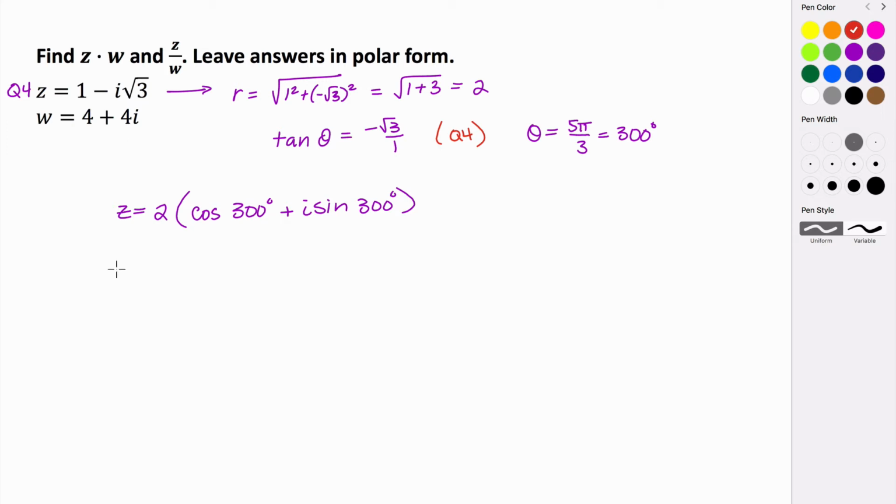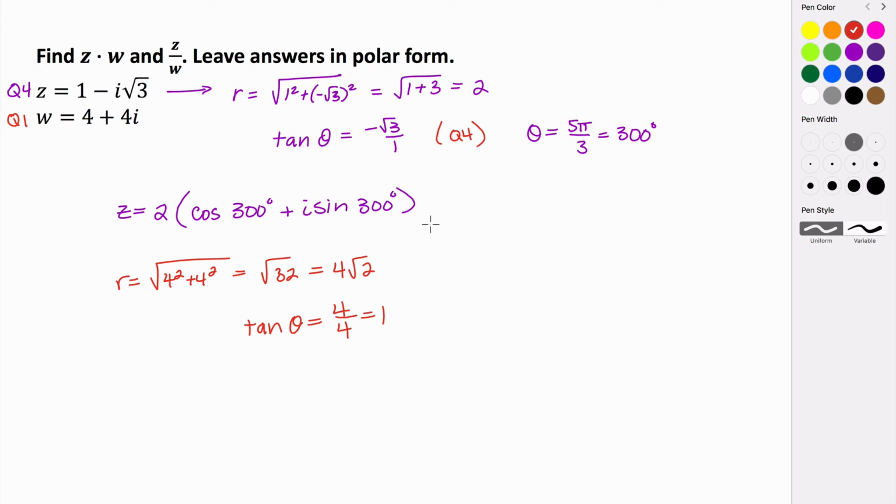Let's change w into polar form. So if I were to plot w, this would be in quadrant 1. So r for w is equal to the square root of 4 squared plus 4 squared. So that's 16 plus 16, or the square root of 32, which simplifies to be 4 rad 2. So that's r. And then theta, we're looking for the tangent of some angle in which we get 4 divided by 4, or 1.